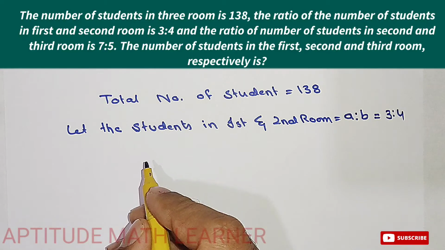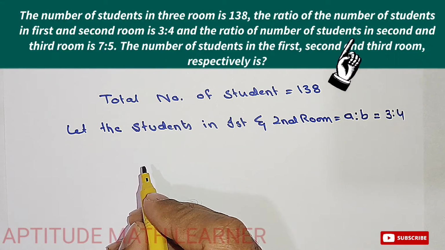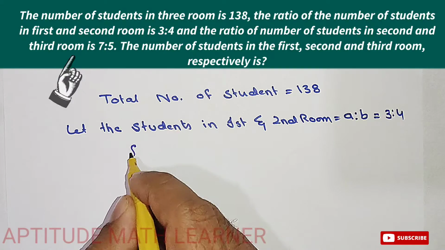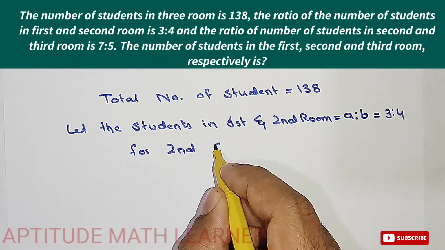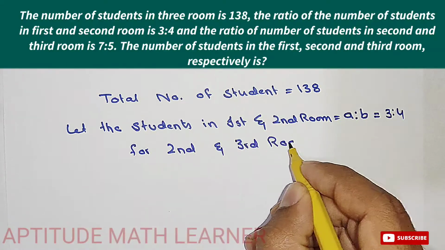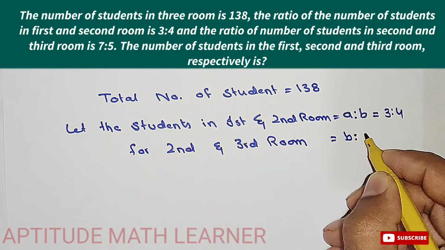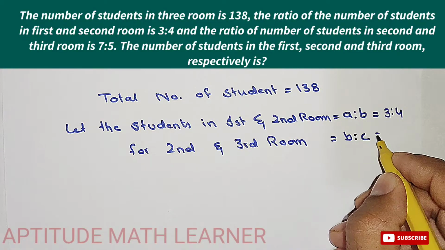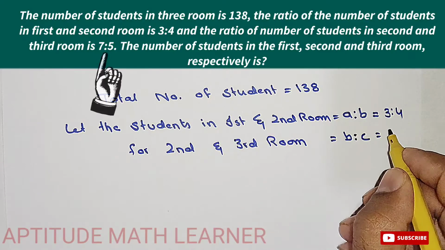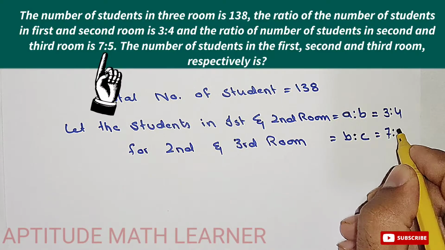And for the second and the third room, B:C is equal to 7:5.